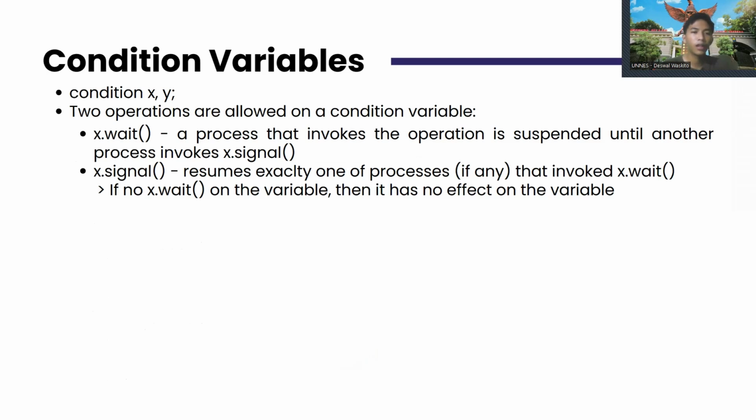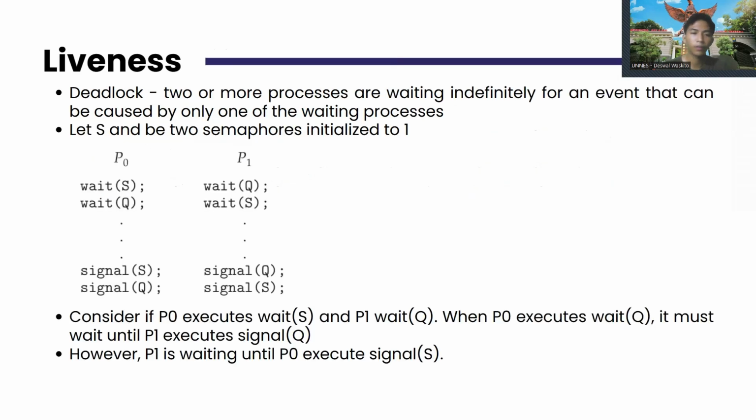Two operations are allowed on a condition variable x: x.wait, a process that invokes the operation is suspended until another process invokes x.signal. The signal resumes exactly one of the processes, if any, that invoked x.wait. If no x.wait is pending on the variable, then signal has no effect on the variable.